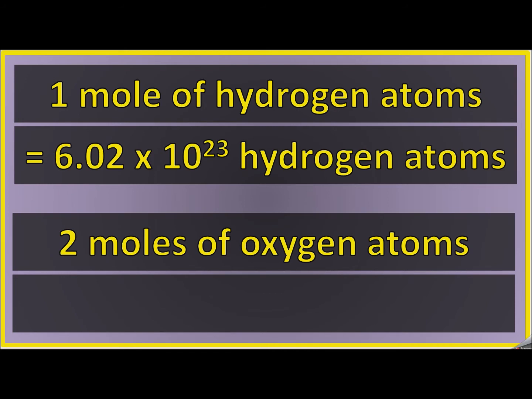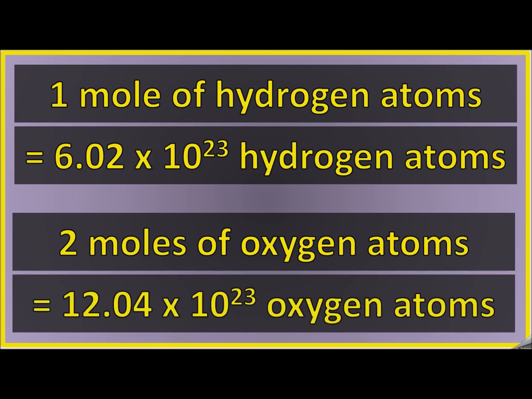Okay, so ibig sabihin kung 2 moles na siya, imumultiply mo lang siya sa dalawa. So we have 12.04 times 10 raised to 23 or 1.204 times 10 raised to 24 oxygen atoms. Nagets na ba? Okay.